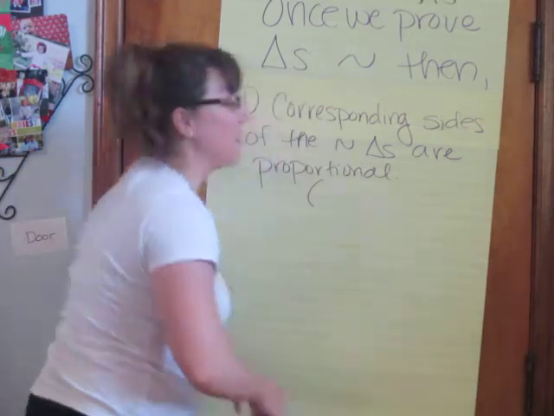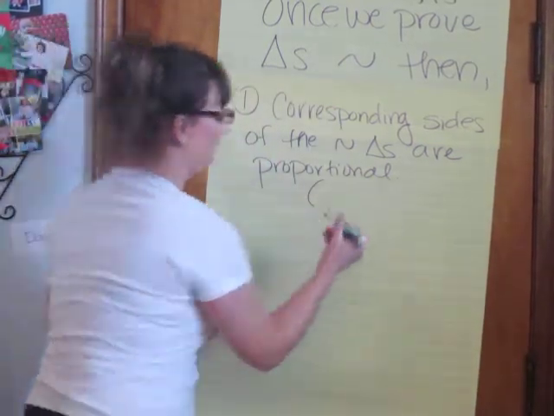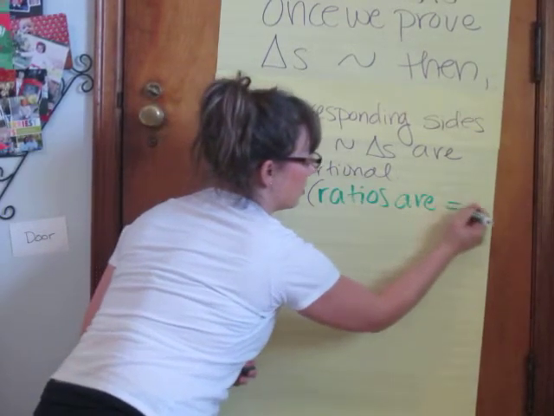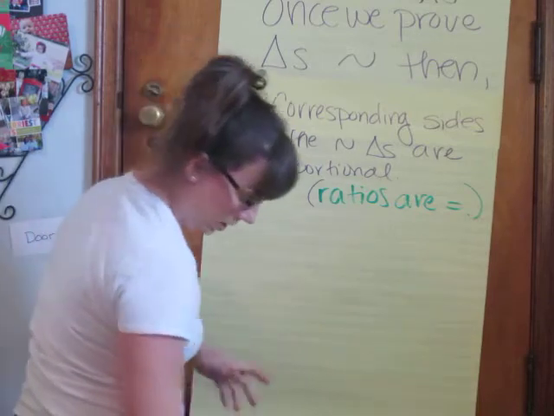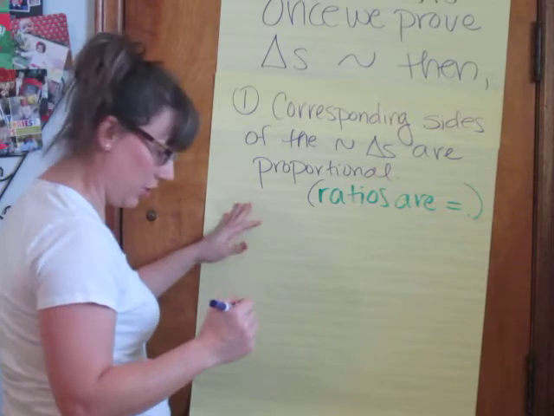Any ideas? What does it mean for the sides to be proportional? It means that the ratios are equal. Okay? So we get that the corresponding sides of the triangles are proportional. We also get the ratios are equal.